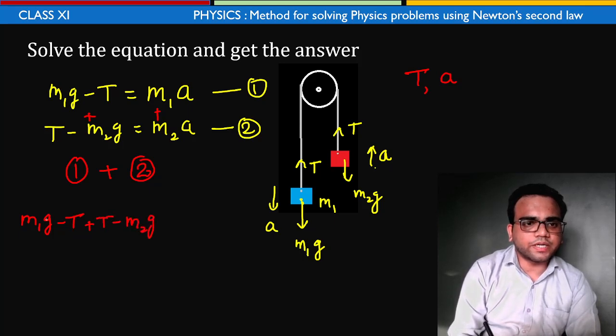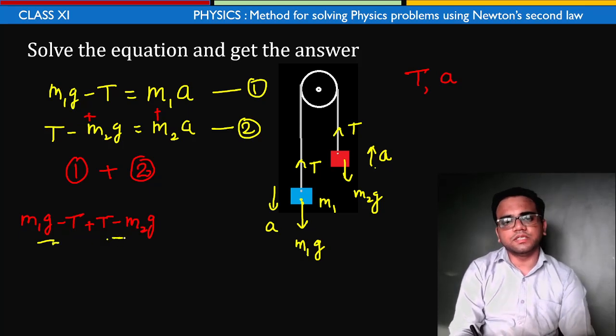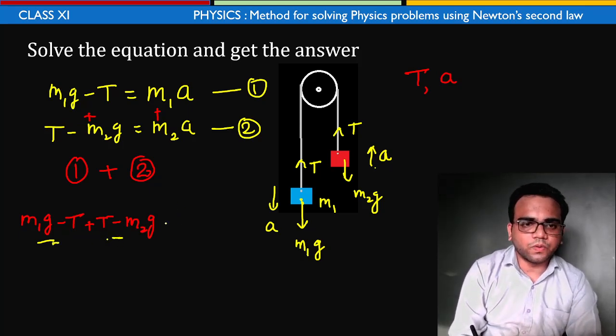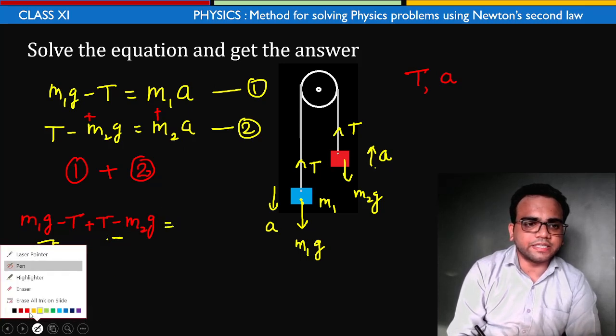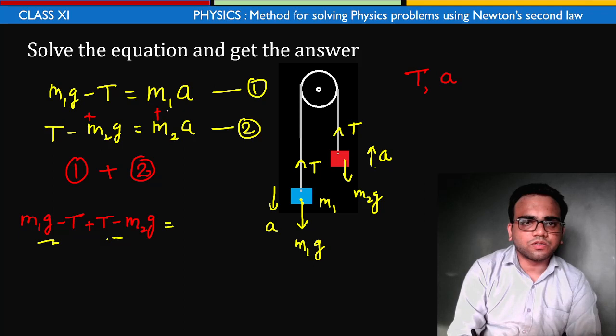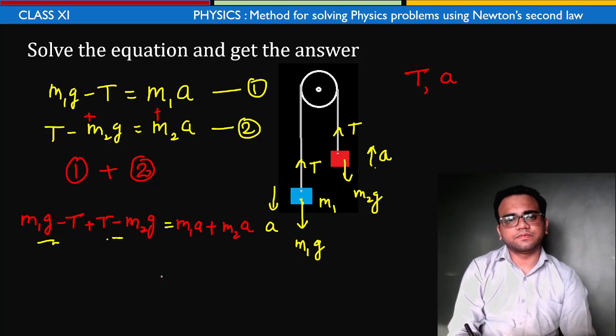We added the left sides of the first and second equations, and you will also add the right hand side. So this is m1a plus m2a.